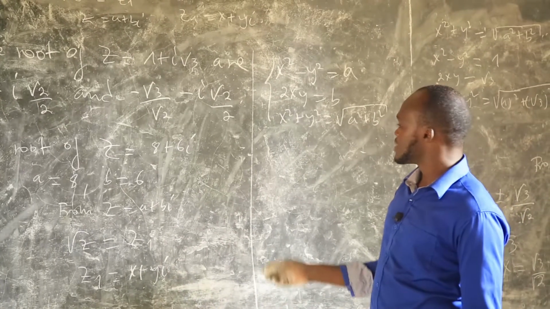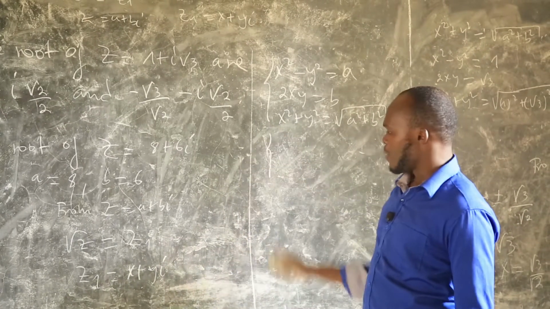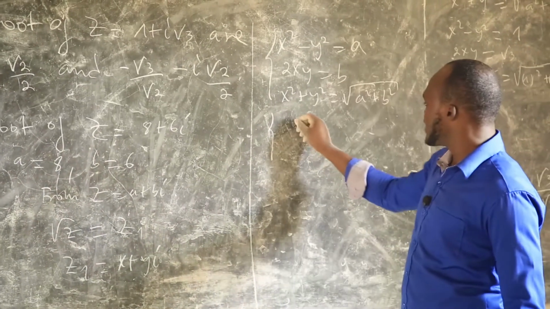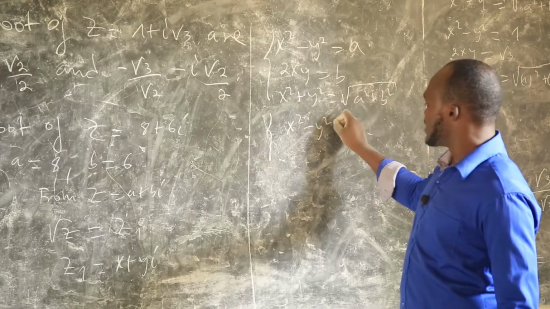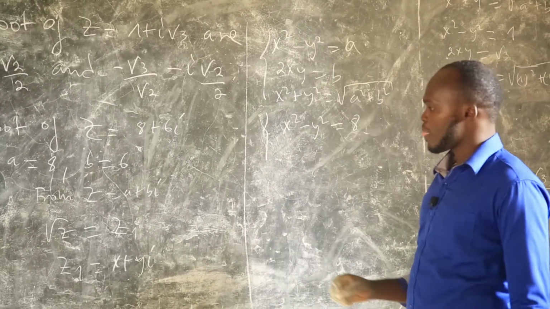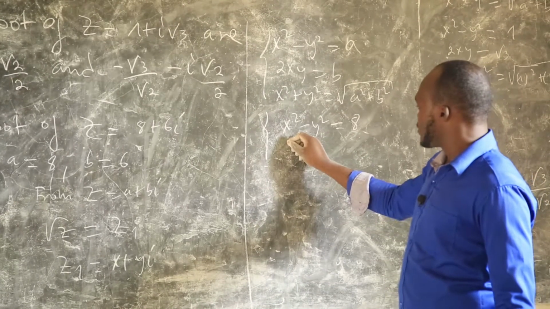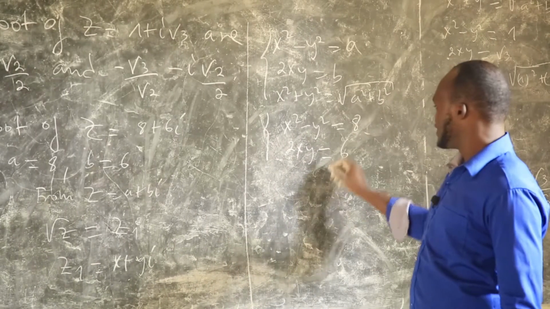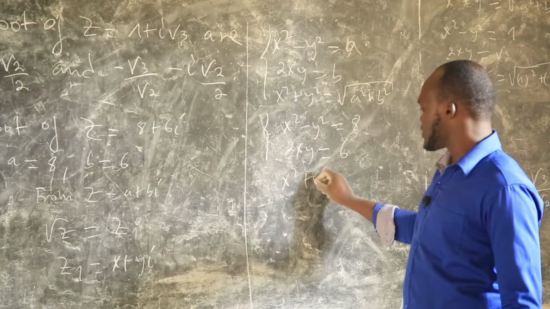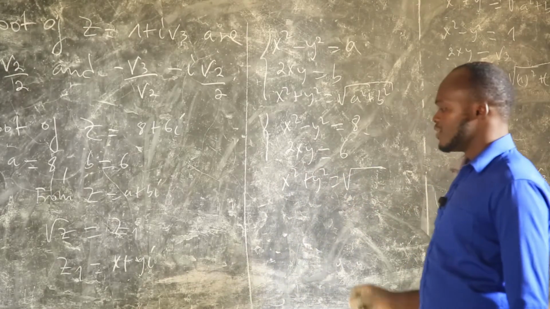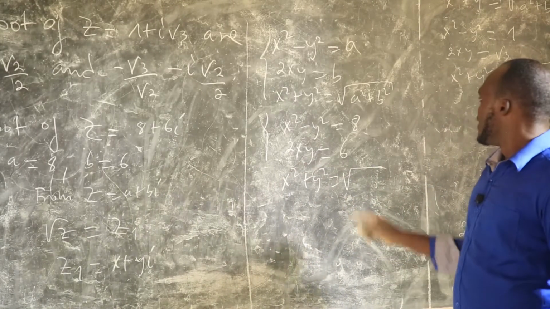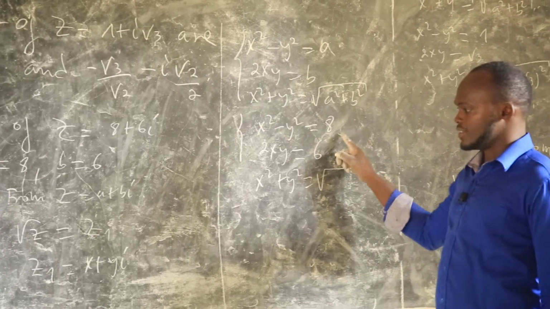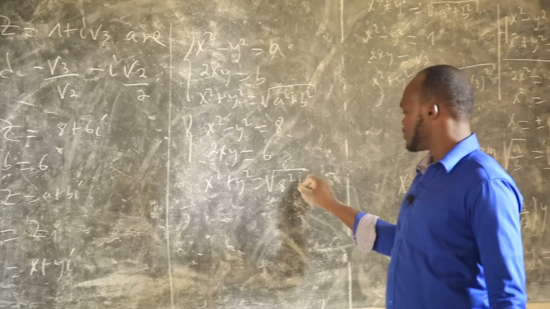So now what is our a? Our a is 8, our b is 6. So meaning that x squared minus y squared equal to a, which is 8. 2xy equal to b, which is 6. Then x squared plus y squared equal to the square root of a squared, our a is 8, which is 8 squared plus 6 squared.